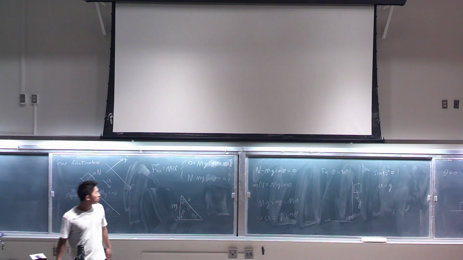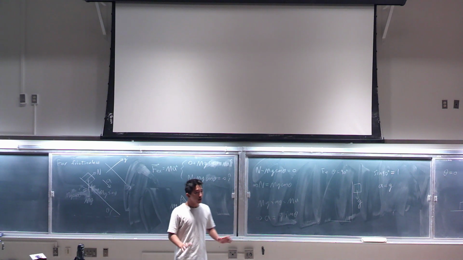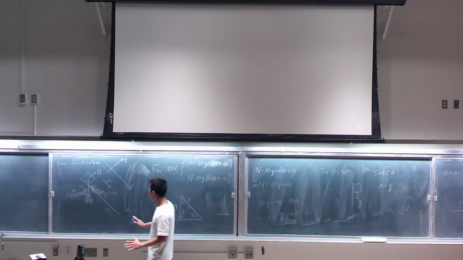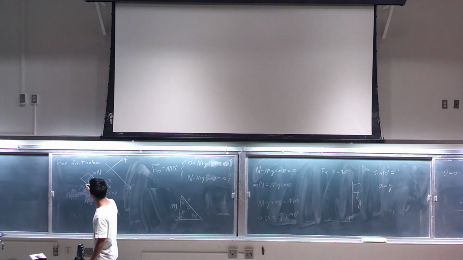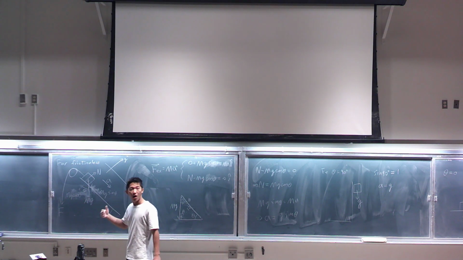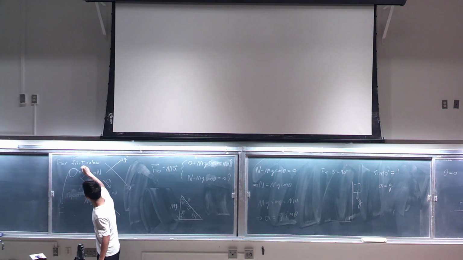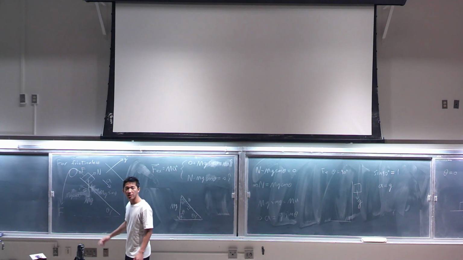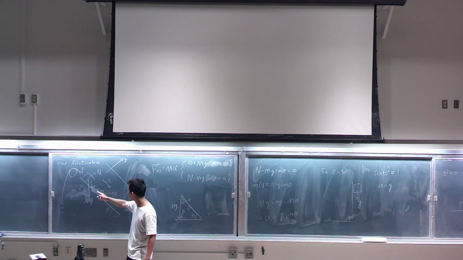Alright, so that's about the slope. If you have a slope and you want to pull it with a string, then all you need to fight is not the entire gravity, but just the tangent component of gravity.